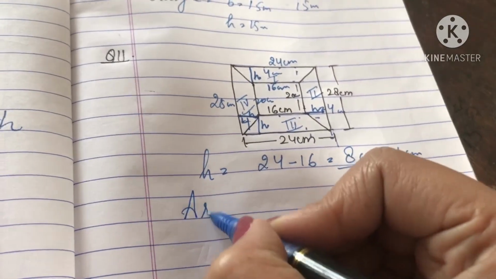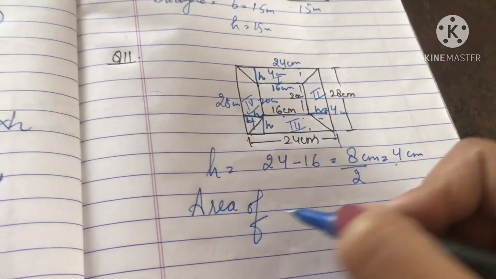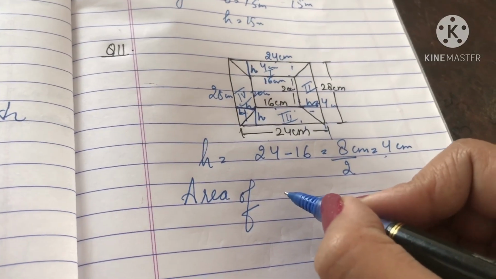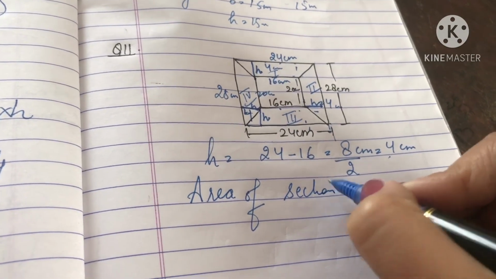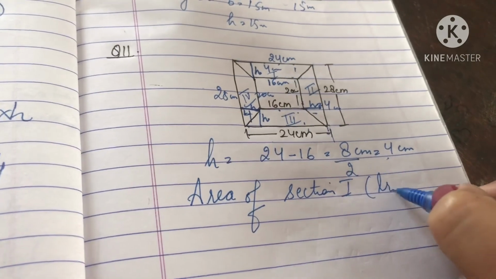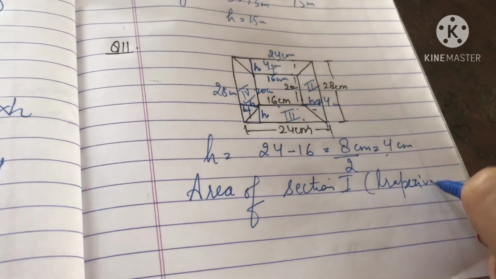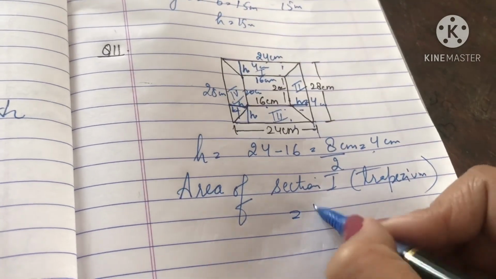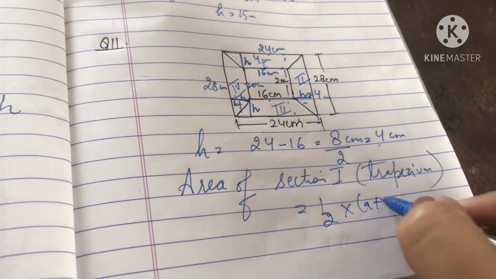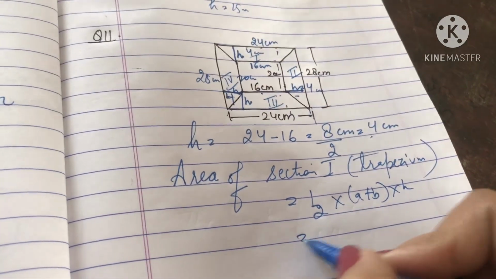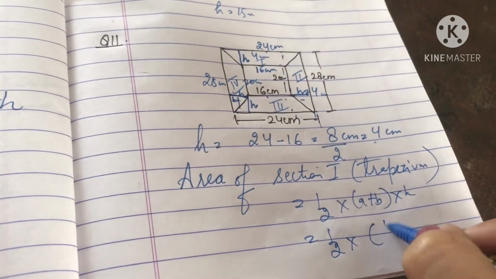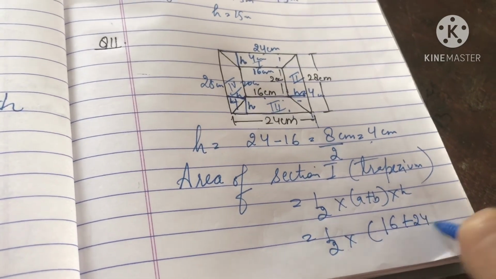Now let's find the area of each section. Area of section 1, which is a trapezium. So how will we find it? Half into a plus b into height. Half into a is 16 and b is 24.